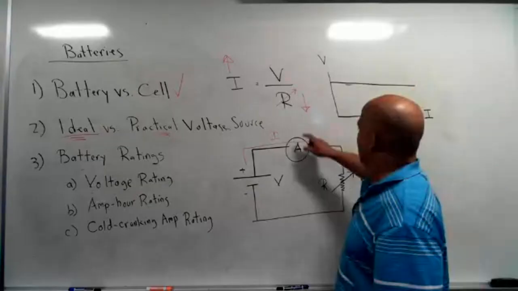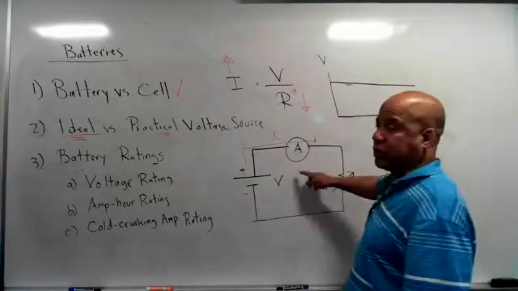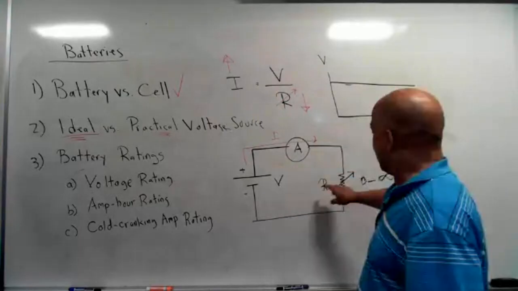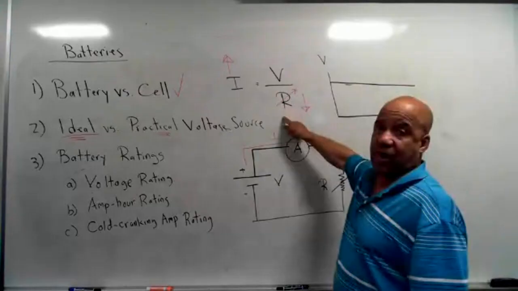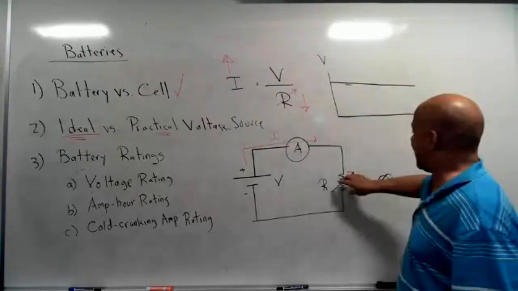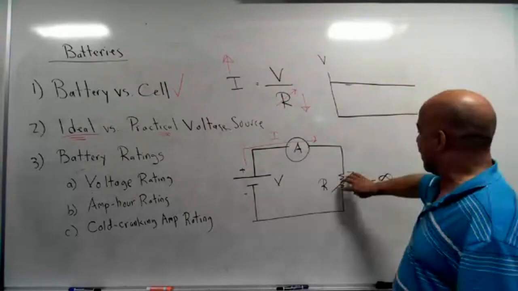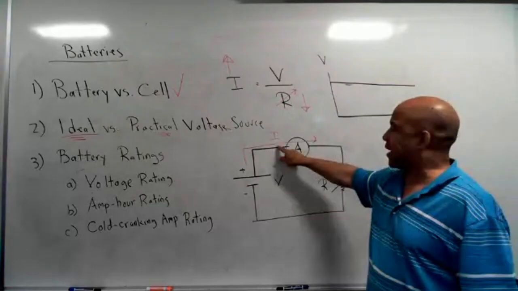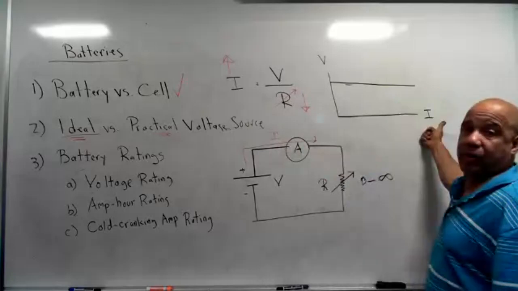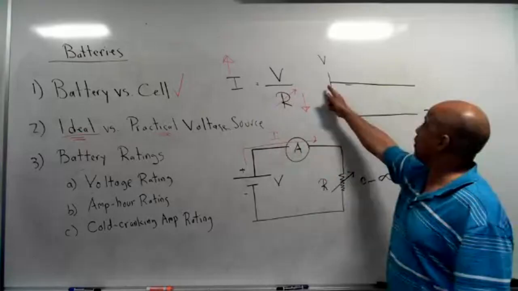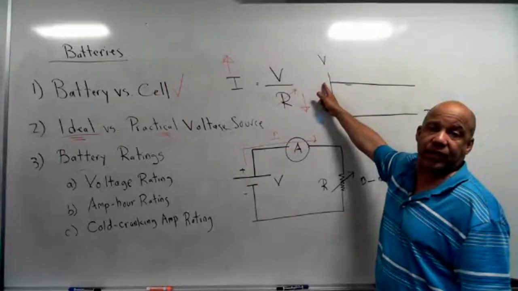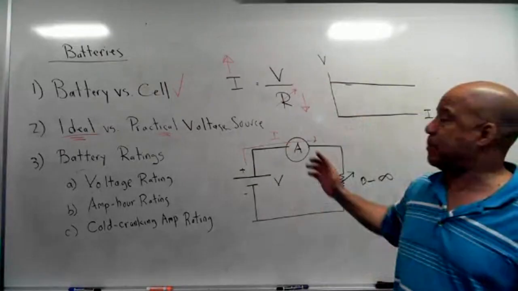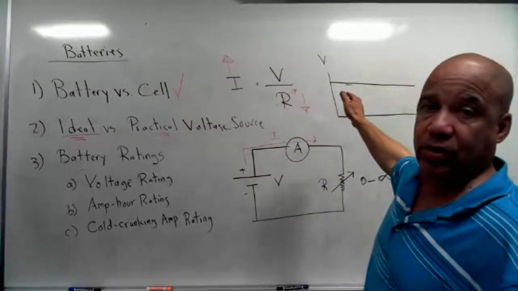I'm controlling the current coming from that battery by changing the resistor value. I can make that current as big as I want, and the voltage is going to stay constant. The voltage is not going to change. That's a representation of an ideal voltage source.